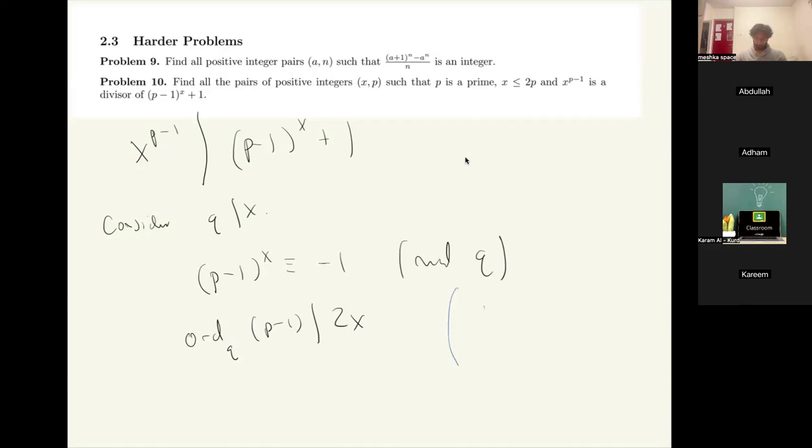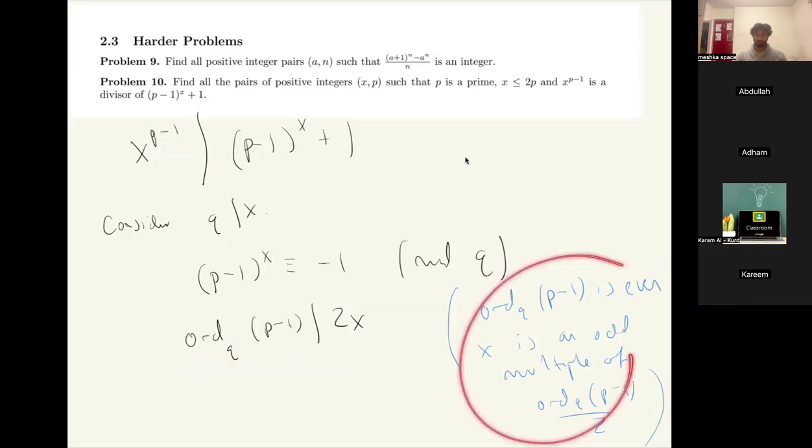We know that the order is even, and we know that x is an odd multiple of half the order. You guys remember this, we deduced this before. That's a little bit more technical condition, but at least we know this, and we'll use it if we need to.